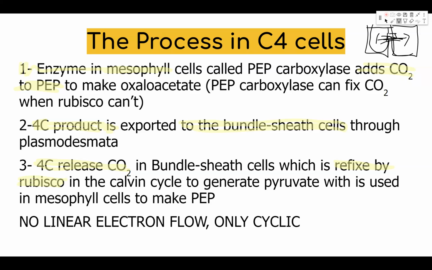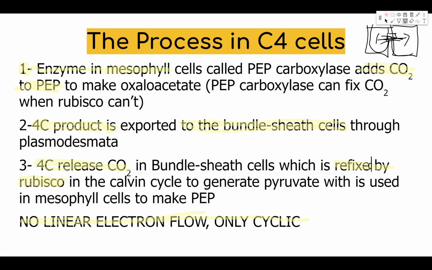Our 4-carbon intermediate, or 4-carbon product, is now in the bundle sheath cells, and then it will be broken down and release carbon dioxide, which is fixed by Rubisco, and that will go through the Calvin cycle.